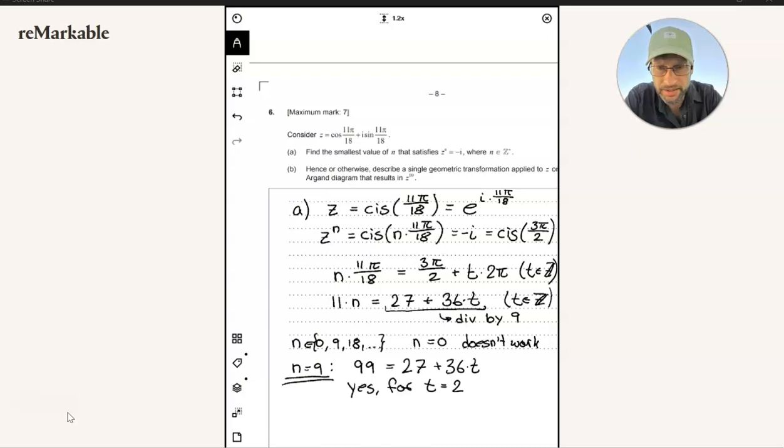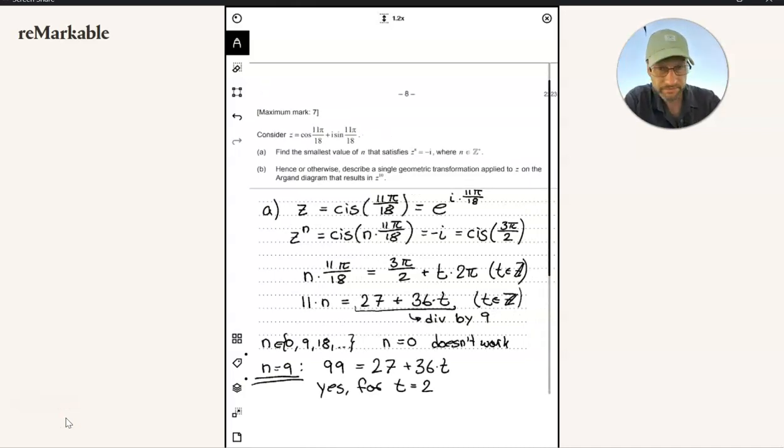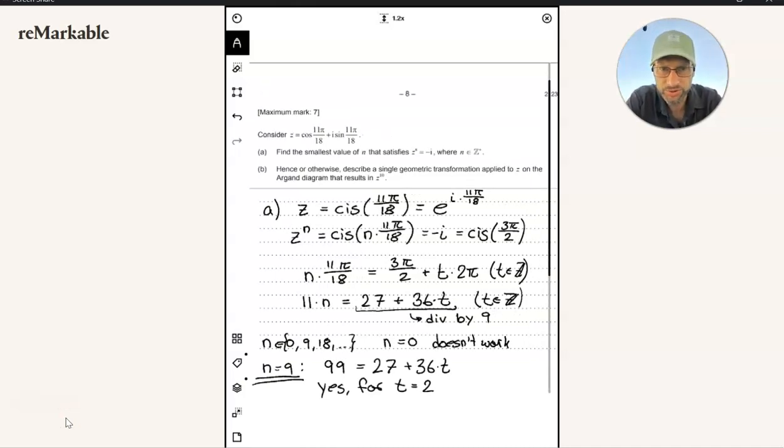That's just part A. Then part B gets really weird, because it says hence or otherwise describe a single geometric transformation applied to set on the Argand diagram, which is really just the two-dimensional plane that is the complex numbers, that results in set to the power of 10.